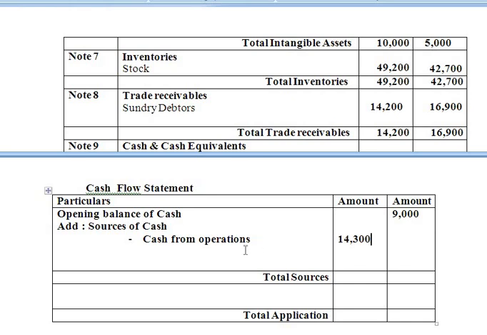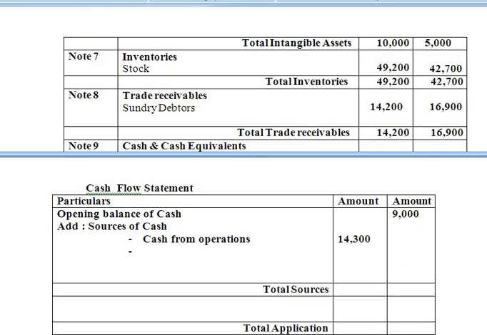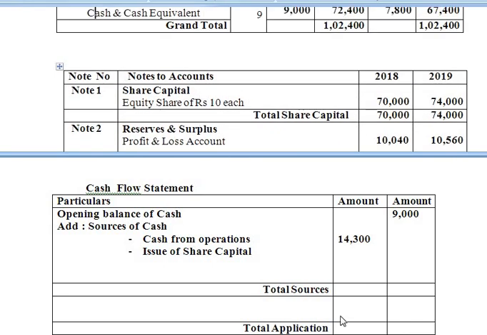Okay, next source is issue of share capital. How much issue of share capital? 4,000.